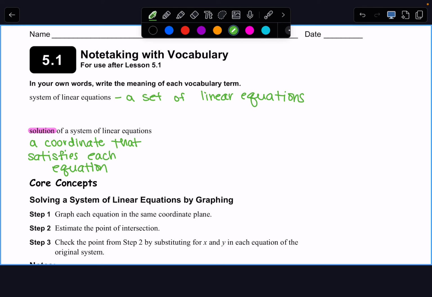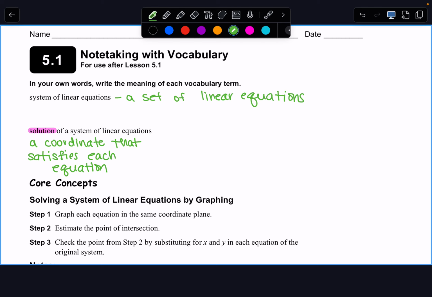Now, technically what I asked you to do without you knowing it, I asked you to find the solution to the system of equations. So let's just look up here at group 2.